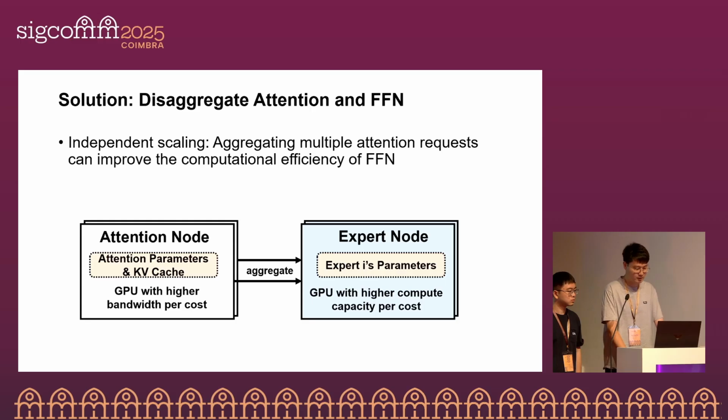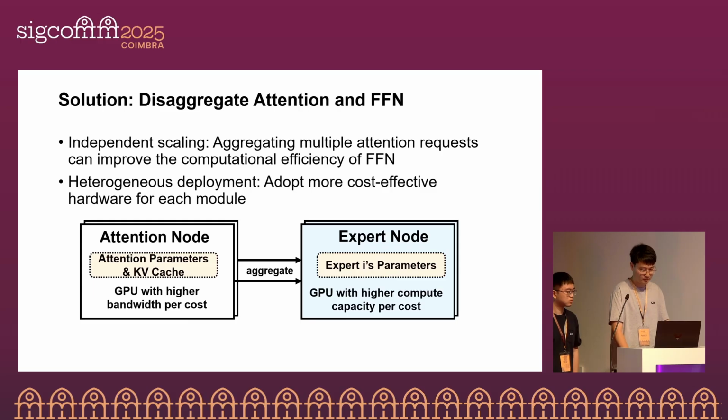This increases the batch size of FFN, thereby enhancing its computational efficiency. Second, by disaggregating these two modules with distinct characteristics, we can adopt heterogeneous deployment and choose more cost-effective hardware for each module, reducing the overall cost of the MOE inference.